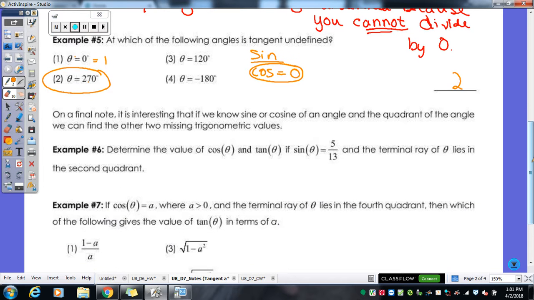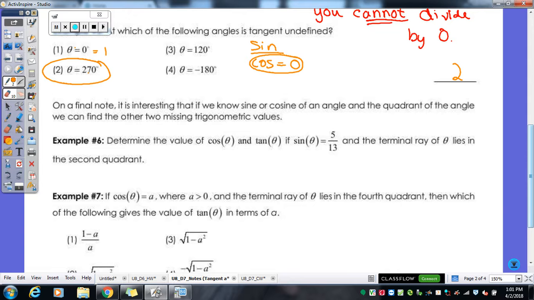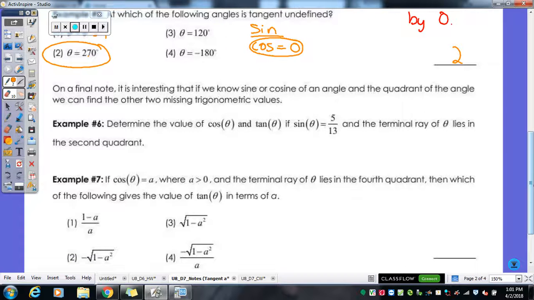On a final note, it's interesting that if we know sine and cosine of an angle and the quadrant of the angle, we can find the other two missing trig values. So number 6, they want us to figure out cosine and tangent if sine is 5 over 13 and the terminal ray of the angle lies in the second quadrant. So let's draw an x and y axis since they talk about the second quadrant.